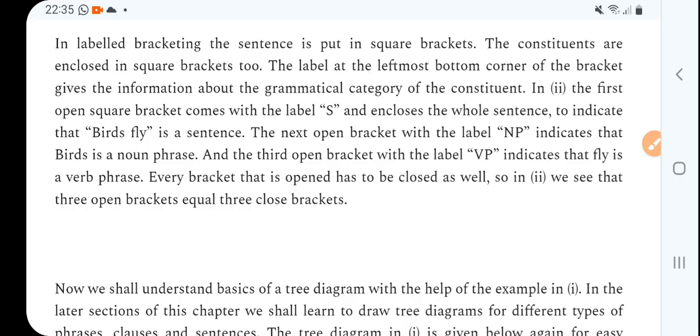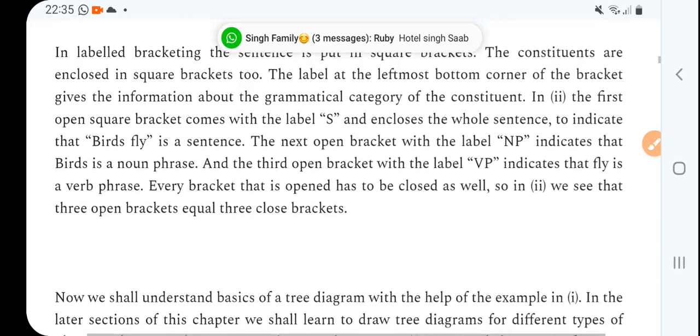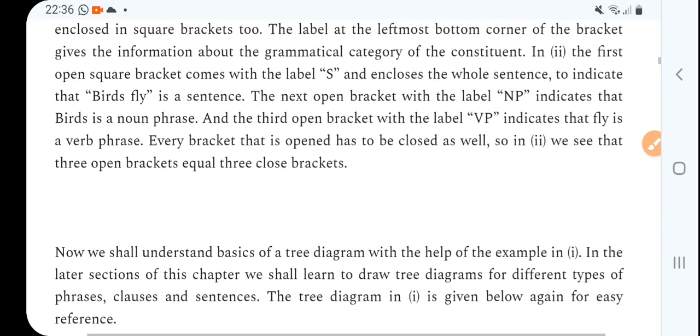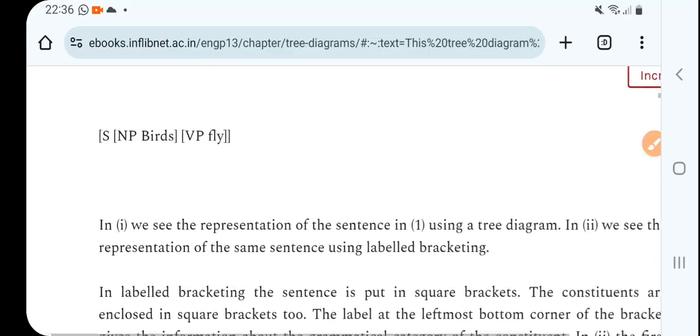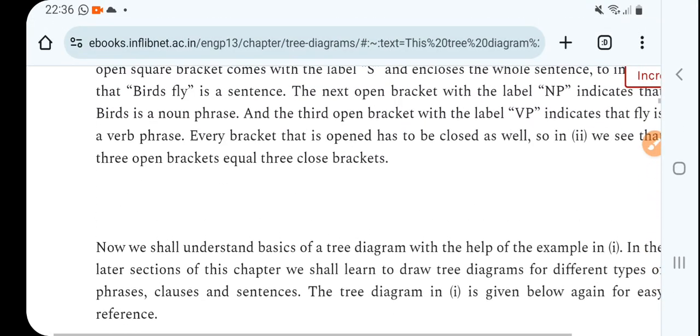The label at the leftmost bottom corner of the bracket gives the information about the grammatical category of the constituents. Labeled bracketing is not opening here, but we can see the second one.